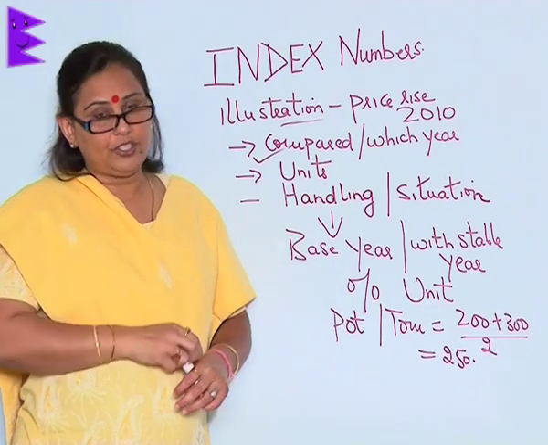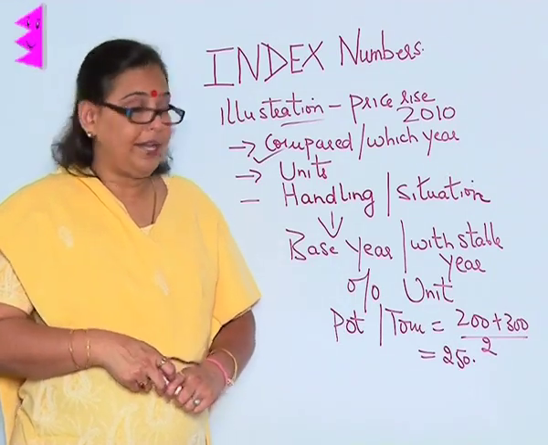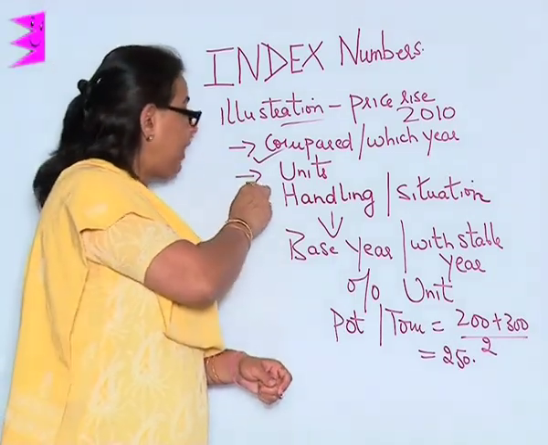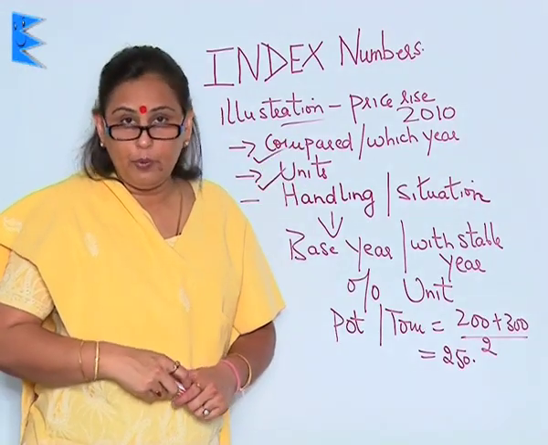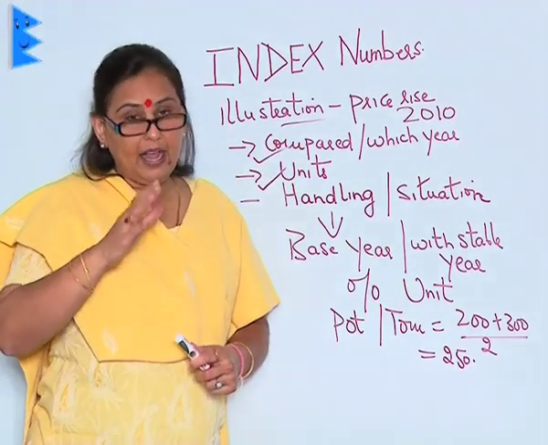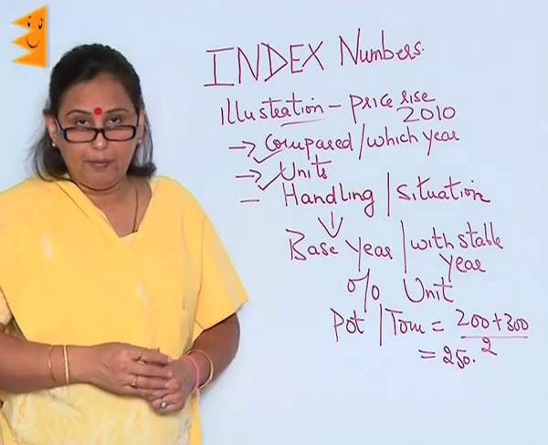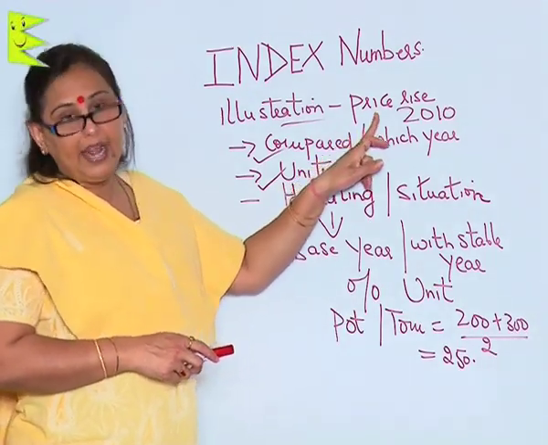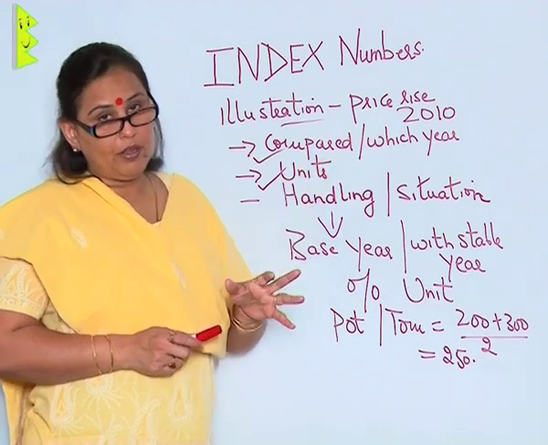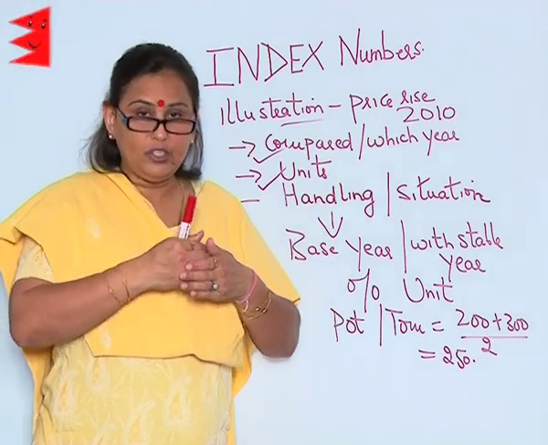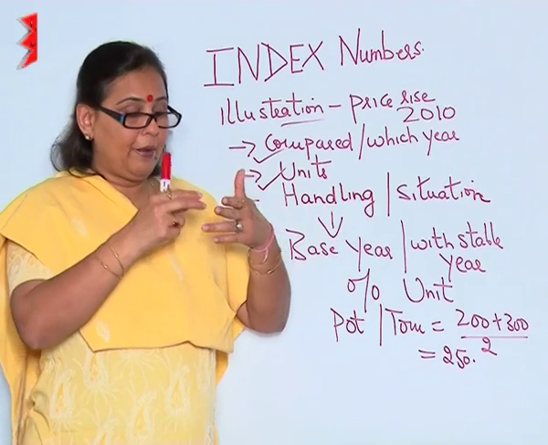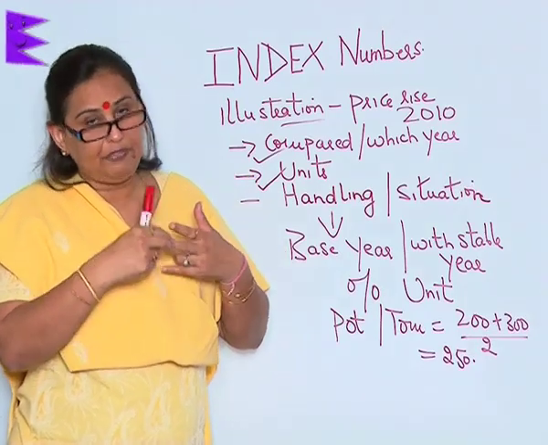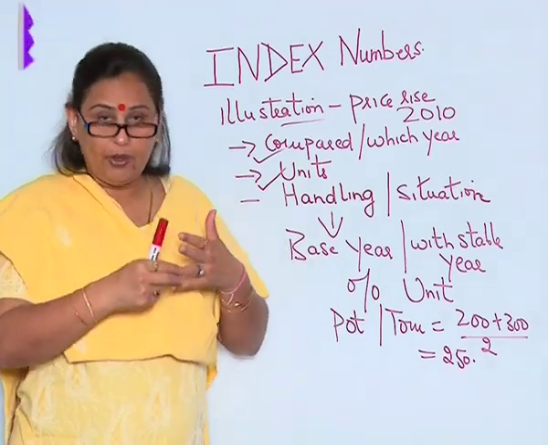The next question which comes to my mind is, what are the units which I am going to take up while I am making the index number? For example, while calculating the price rise, I am going to talk about the price rise of milk, of vegetables, of cloth.